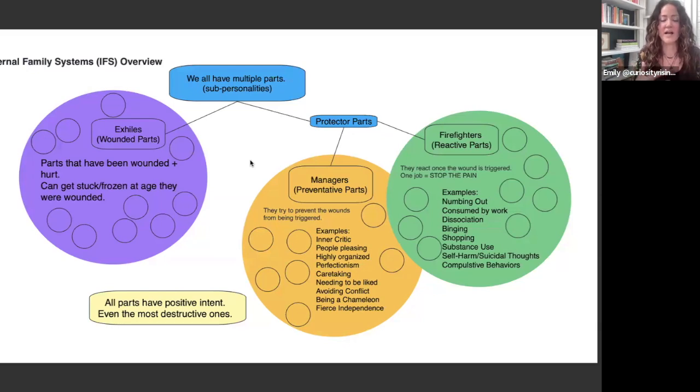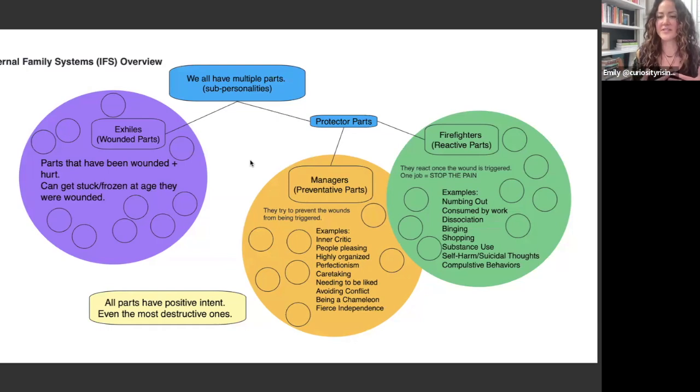And when we talk about self-trust in this space, building self-trust is building trust between your self energy and all of these parts. So it's not about your managers and your firefighters and your exiles having to work it all out on their own. It's about accessing more self energy. Then Self relates to your exiles, Self relates to your managers, Self relates to your firefighters.